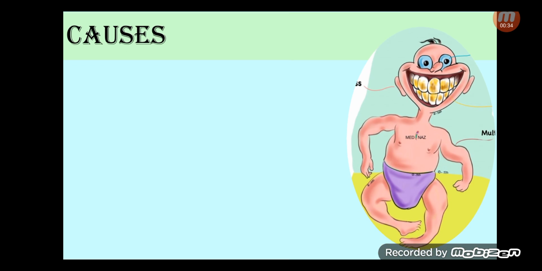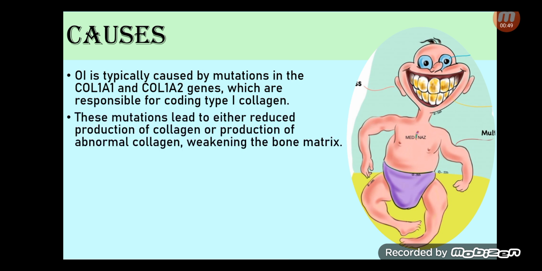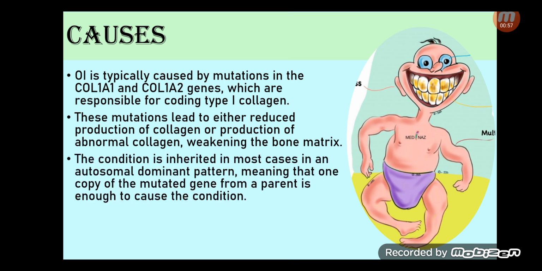Now we will talk about the causes of osteogenesis imperfecta. Osteogenesis imperfecta is typically caused by mutation in COL1A1 and COL1A2 genes, which are responsible for coding type 1 collagen. These mutations lead to either reduced production of collagen or production of abnormal collagen, thus weakening the bone matrix.